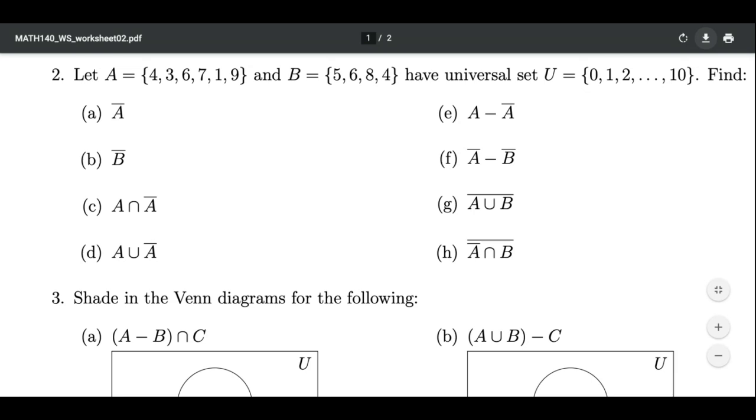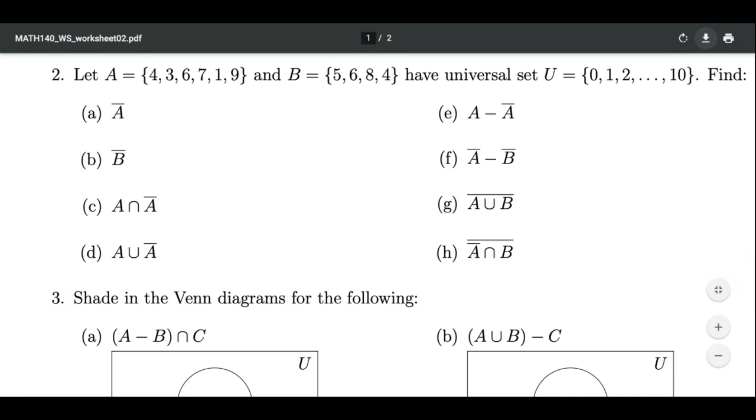Okay, I then tapped in the chat. So A complement equals this set. B complement equals this set. Then let's figure out A complement subtract B complement.